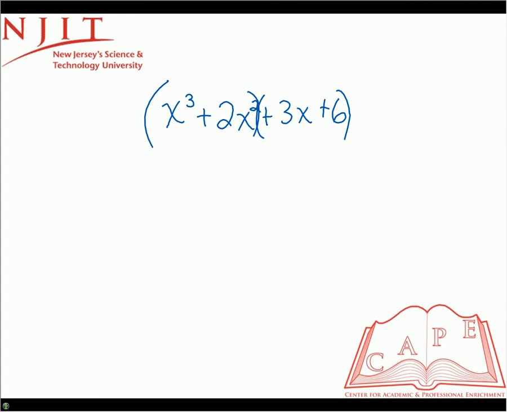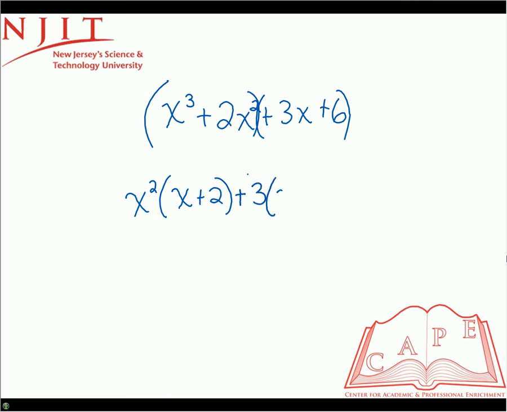You want to factor out, so the first part we're going to factor out just the x squared. And what do you have left over? X plus 2. And same thing on the other side. You want to factor out a 3.